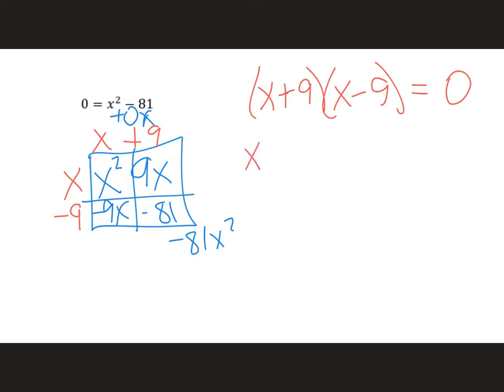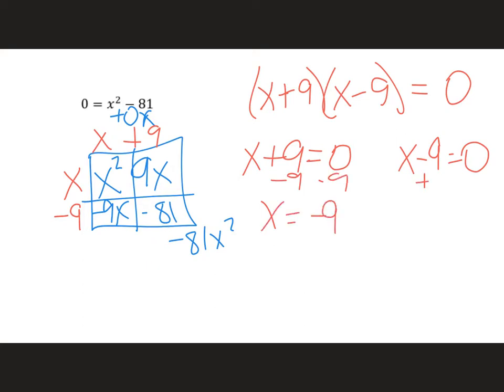And then it's either going to be one of the two. So x plus 9 could equal 0, or x minus 9 equals 0. This one would be minus 9. So x equals negative 9, and this would be plus 9. So x equals 9. So our two zeros are negative 9 and 9. We could say x equals on both of those. Or we could write them as ordered pairs, negative 9, 0, and 9, 0.